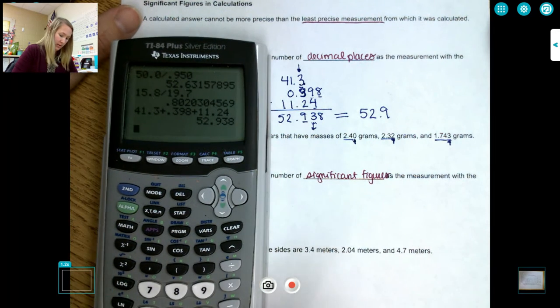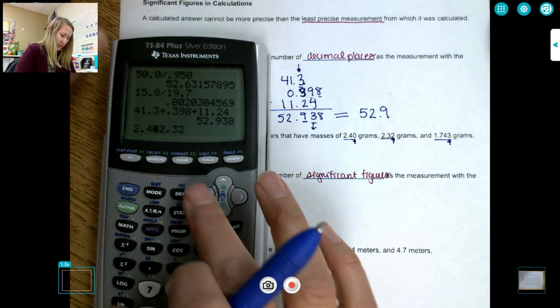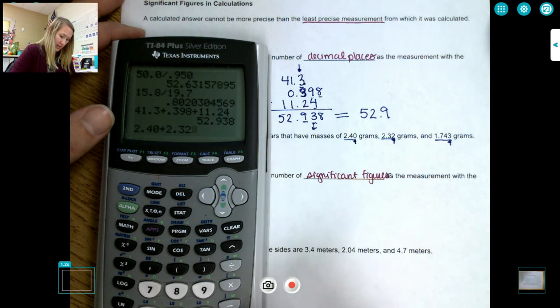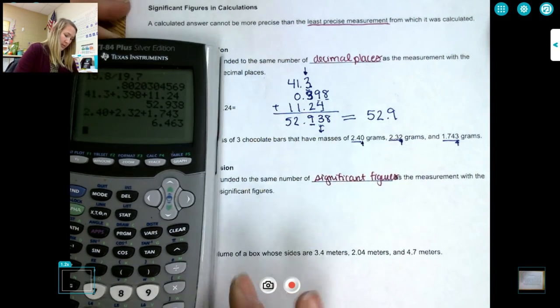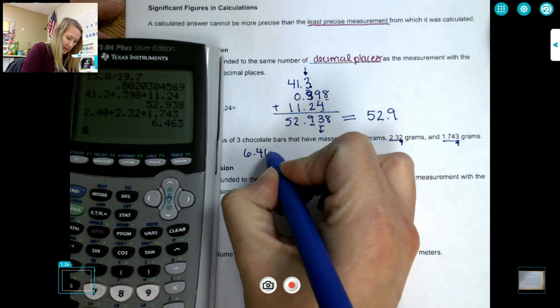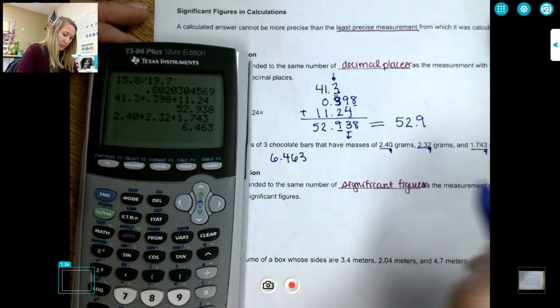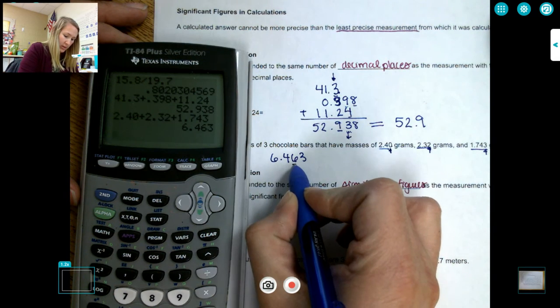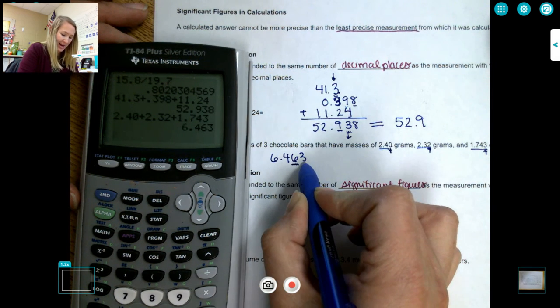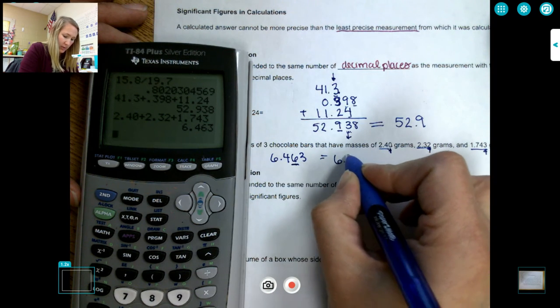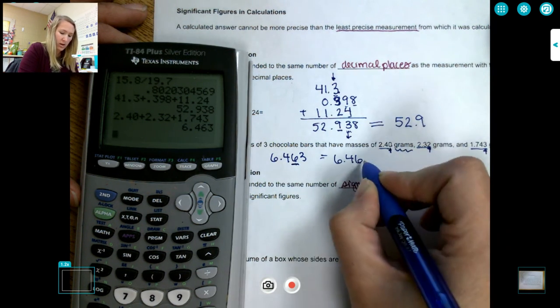When we add these together, 2.4 plus 2.32 plus 1.743, we get an answer of 6.463. I can round my answer to the hundredths place, so the number after it is less than 5, so I round down to 6 as opposed to up to 7. So my answer is 6.46, and we get units here of grams.